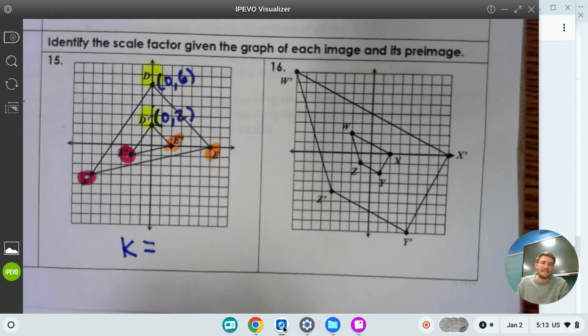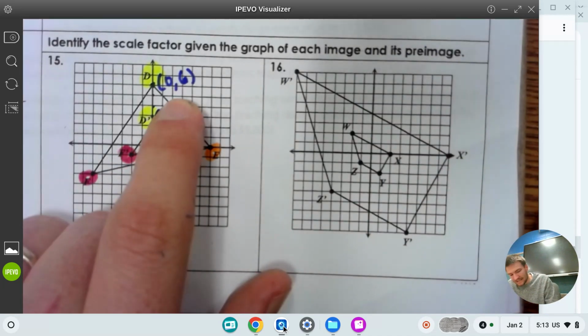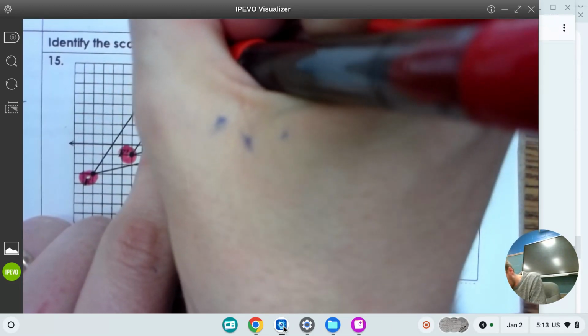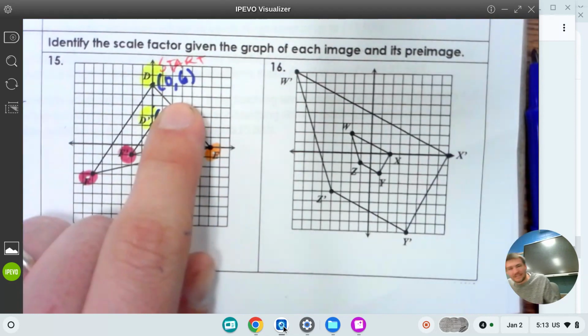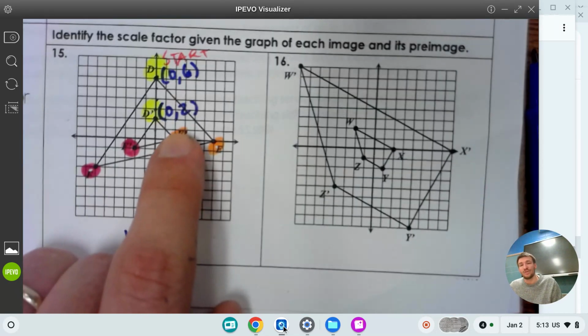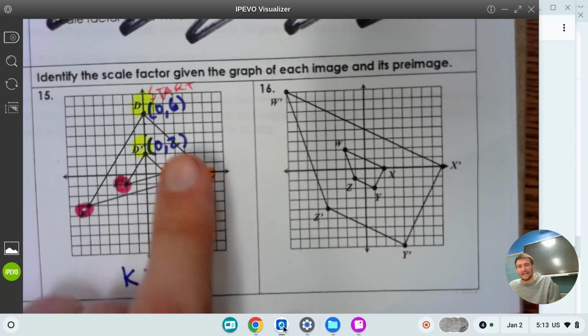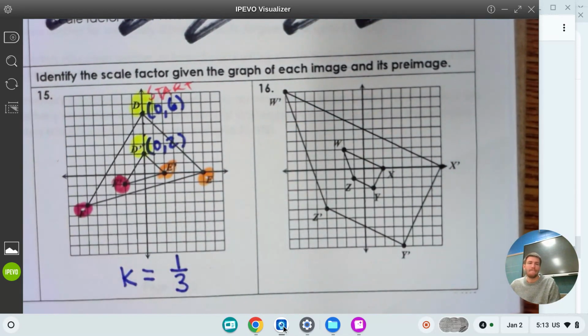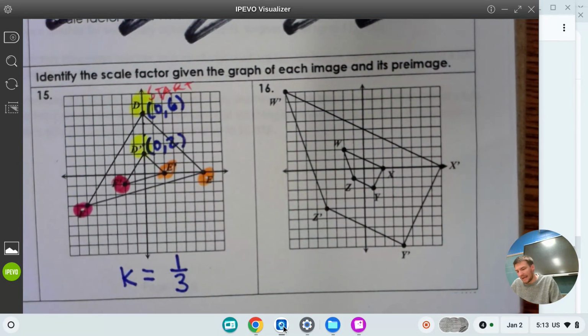And which one is the D prime? This is where we started. So if we started at 6 and we ended up at 2, what we did is multiply by 1/3. You can't say divide by 3. It's always a multiply. And so we actually multiplied by 1/3 to get there.